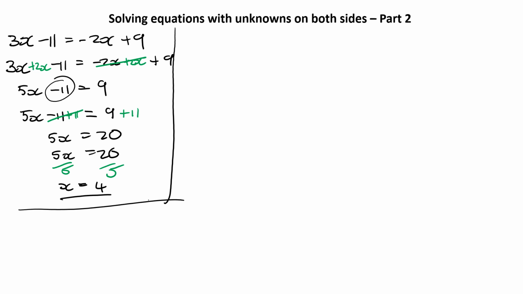So let's look at the next question. In this case, it's 4x plus 9 equals minus x minus 11. I'm going to bring this across, and that's going to have to be a plus x, so plus 1x.